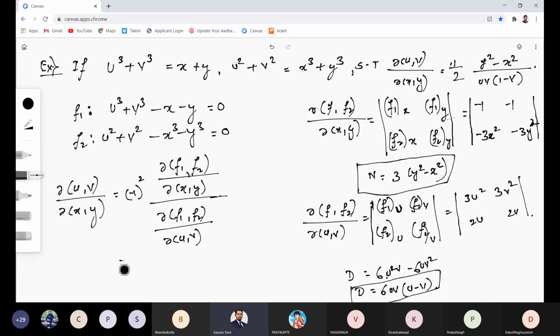Let's put this. So 3 y square minus x square upon 6 u v u minus v. So this is the required thing.